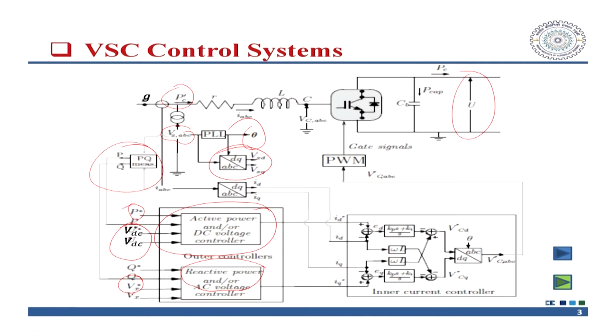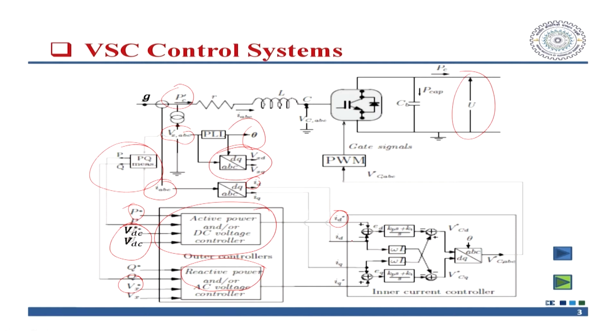Ultimately, you have ABC, from there you get DQ, and from P and P star, VDC and VDC star, which are the real power components, you will generate that ID star. Similarly, the actual ID measured after transformation will be subtracted.